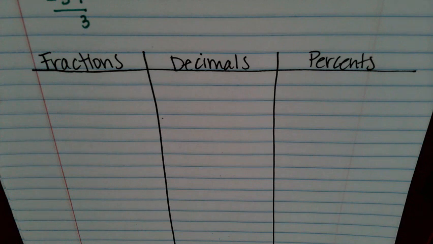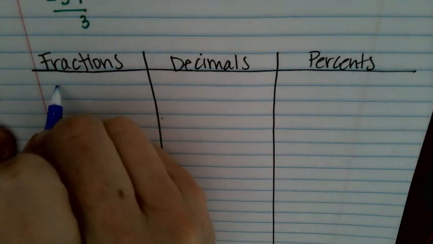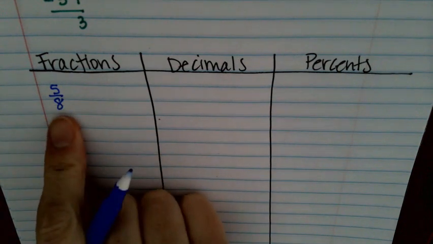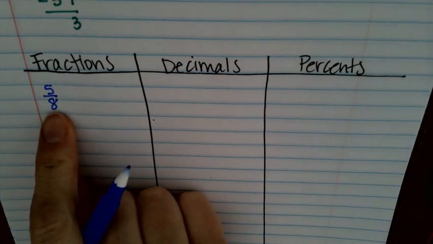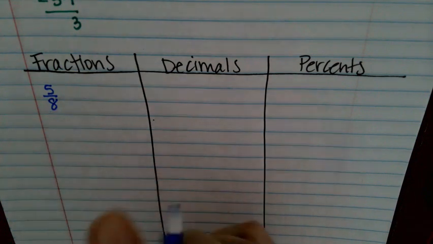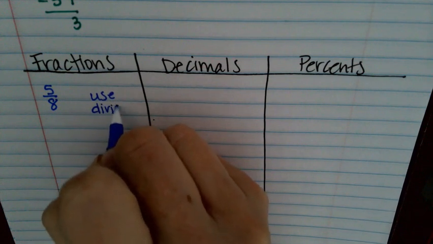Okay, so we're going to start with a fraction that we might not know yet, but we're going to write this down as 5/8, okay? Now, some of you might know this as a memory fraction. It's definitely not a BFF fraction, so what I would do is use division, okay?